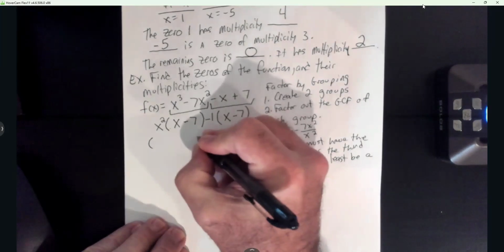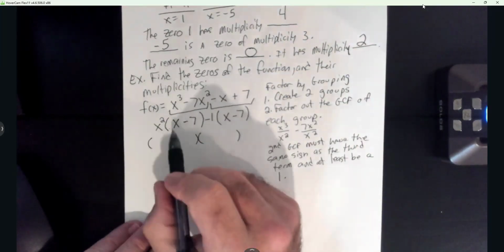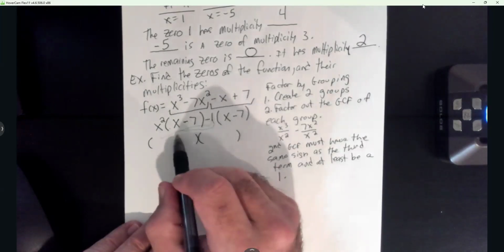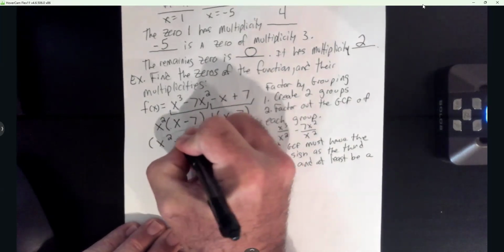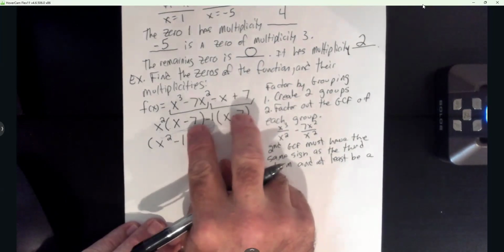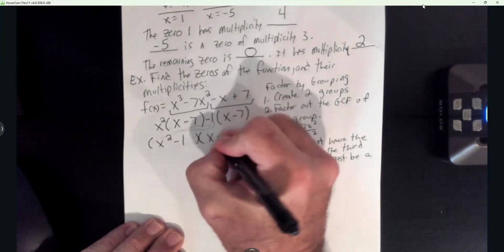Now, what you do, you're going to take the stuff on the outside of the parentheses, the x squared and the negative 1, and put them in the first set. And then whatever's in the parentheses, since those match, they go into the second parenthesis.